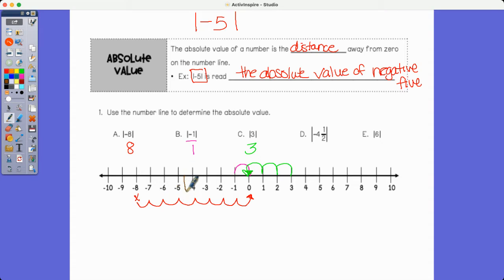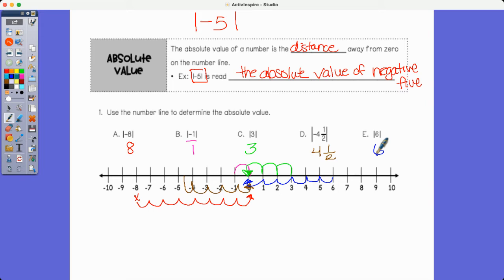I'm going to hop a half. And then 1, 2, 3, 4. The absolute value of -4.5 is 4.5. And then our last one, we're going to start at 6 and we're going to hop 1, 2, 3, 4, 5, 6. Absolute value of 6 is 6.